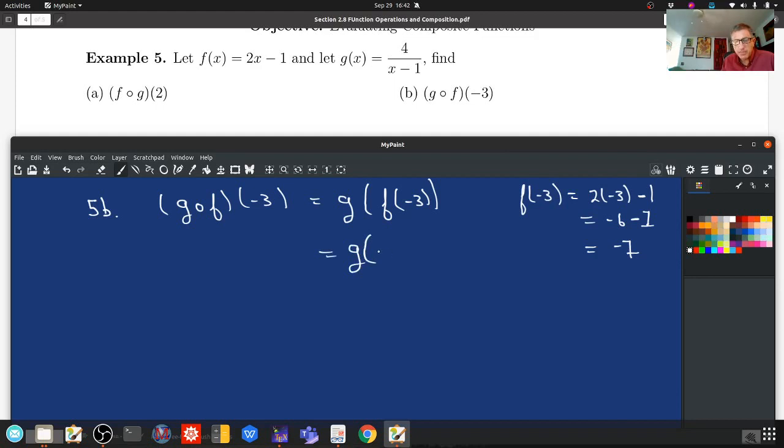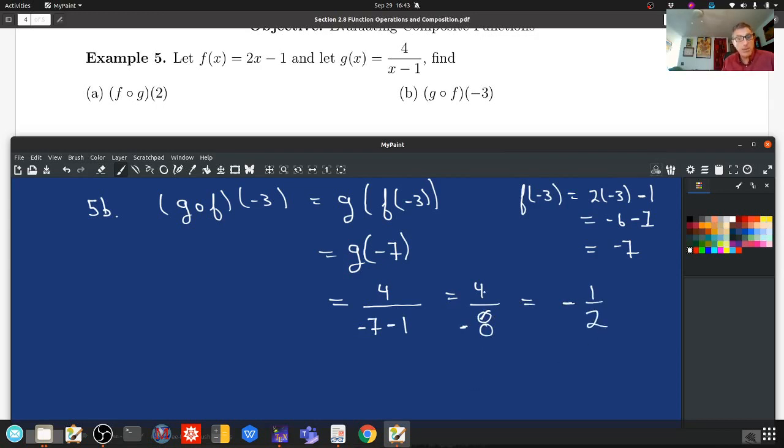I compute g of minus 7. Well, that's 4 divided by minus 7 minus 1, which is 4 divided by minus 8, which is equal to minus 1/2.